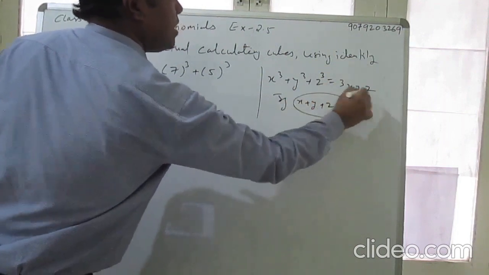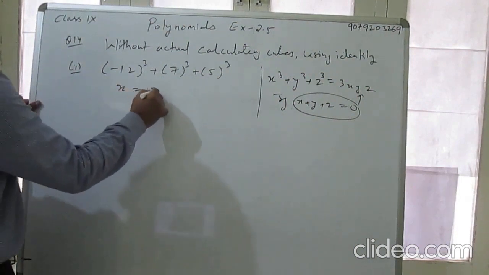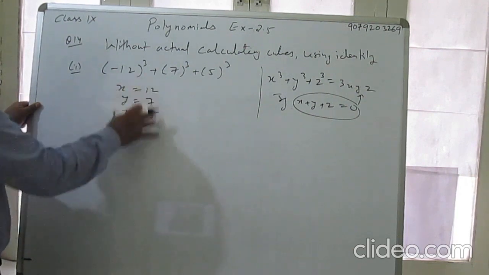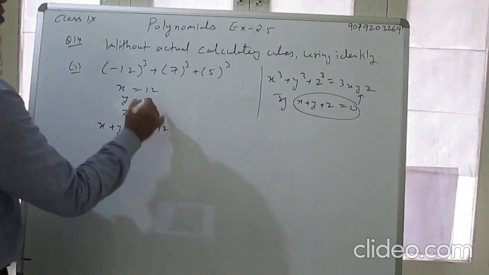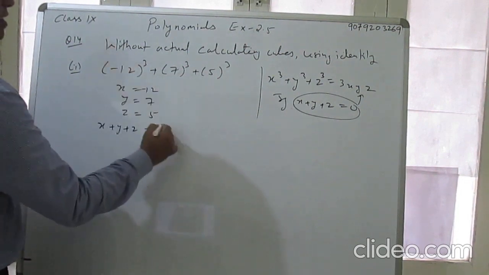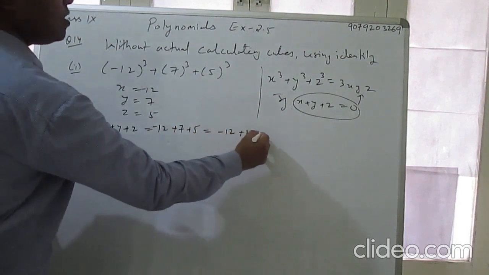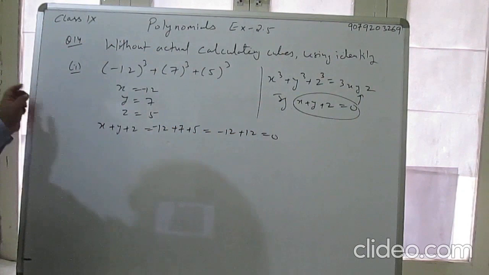Here in place of x is minus 12, y is 7, z is 5. Now add it, x plus y plus z: minus 12 plus 7 plus 5 is equal to minus 12 plus 12 is equal to 0. It means x plus y plus z is equal to 0.